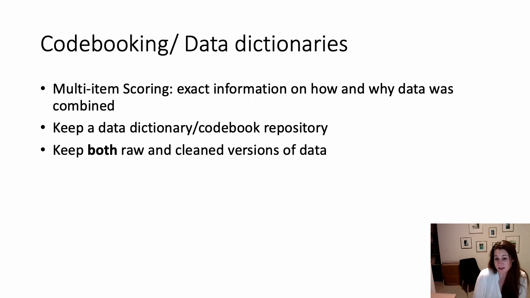Codebooks can provide a way to specifically identify how one item got to another item, or one variable name got to another variable, why you did that, and how that actually happened.